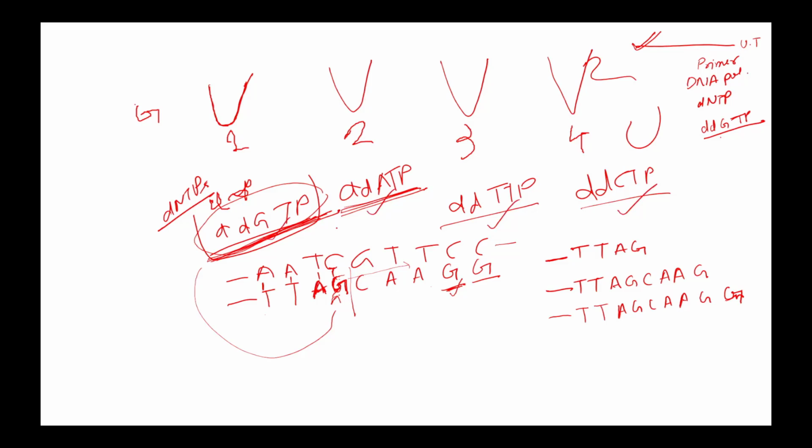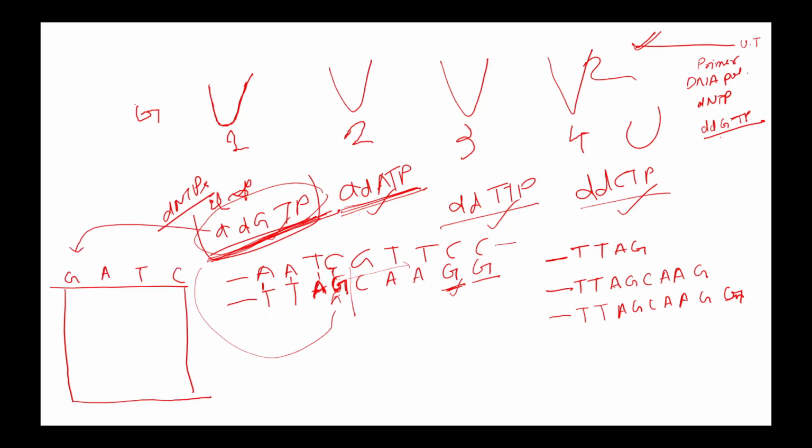Okay, so when you run the gel with all the tubes, like suppose in 4 lanes, one this tube, then the dideoxy adenosine, this and this.